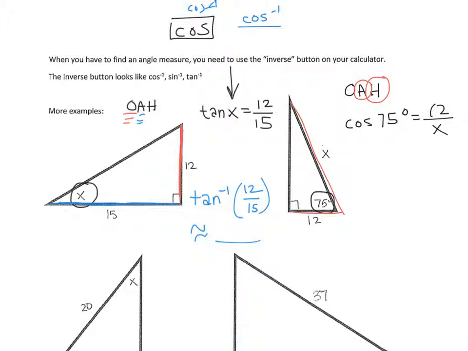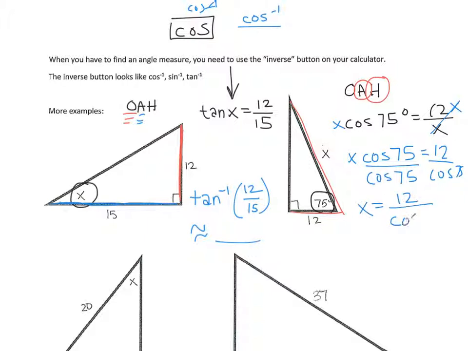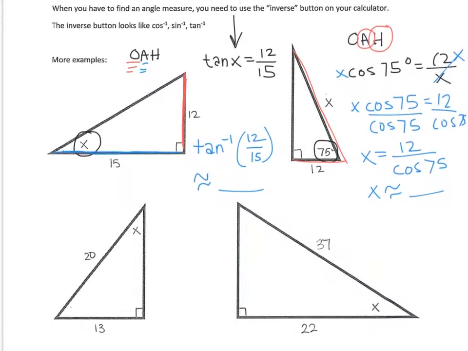To solve for x, you multiply both sides by x, so I have x cosine of 75 equals 12. Then I divide both sides by the cosine of 75. In your calculator, you put 12 divided by cosine of 75. So x is approximately equal to that, and then round, because it's going to be a number that goes on forever.